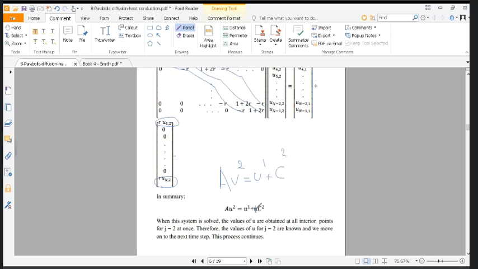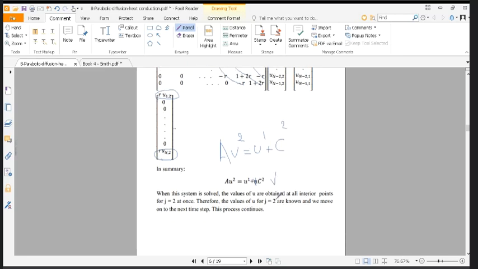This C is the extra vector. This is the matrix form in closed form, okay? This is a system of linear equations. When the system is solved, the values of u are obtained at all interior points at once.